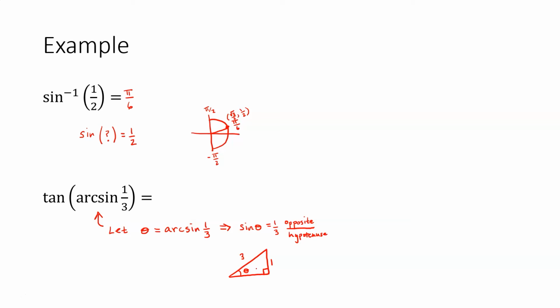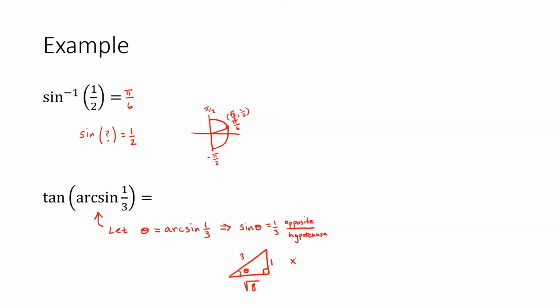And so to find the third side that we're missing in the right triangle, we can use the little Pythagorean theorem. And in this case it would be the square root of 8. You can double check that here: square root of 8 squared plus 1 squared equals 3 squared, right?